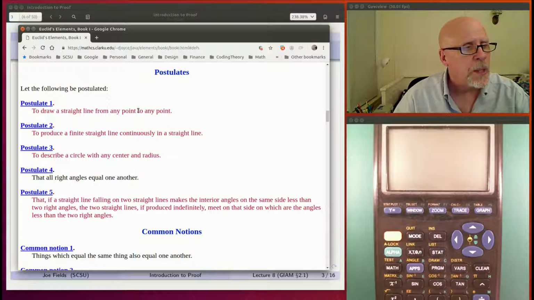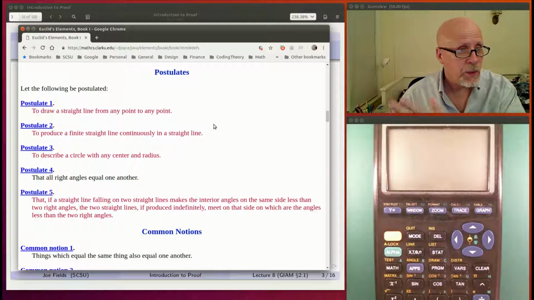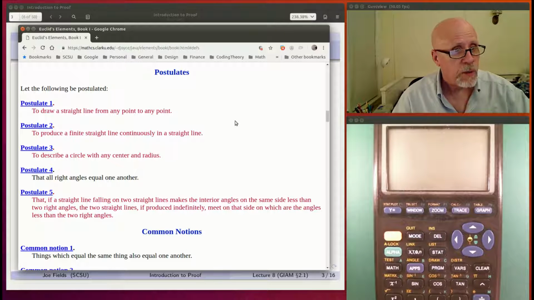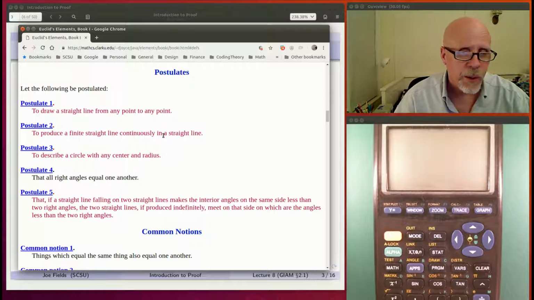Postulates, the ability to construct certain things. So if you have 2 points, you can draw a line in between them. They really do mean a line segment, I believe, in that case. And if you've got a line segment, you can continue it in either direction, really. You can produce an infinite line from a segment.